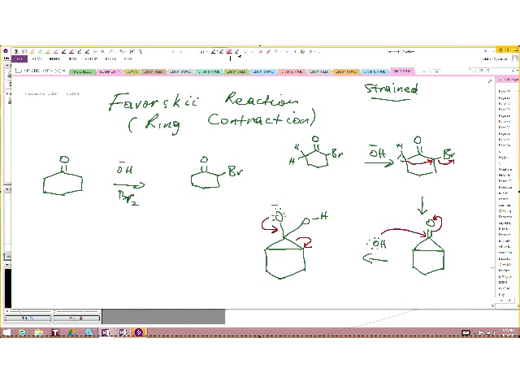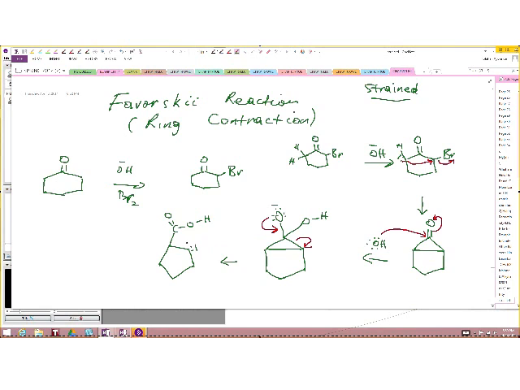So now what do we have? We now have this, the enolate ion.